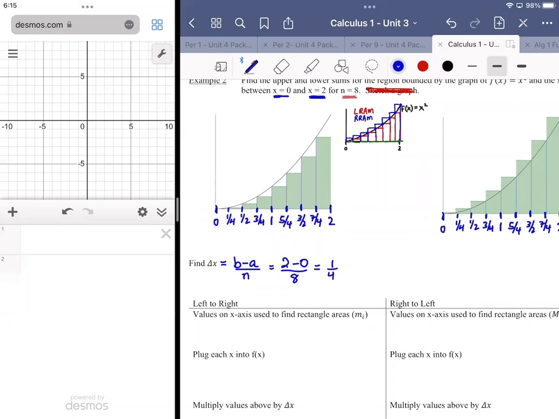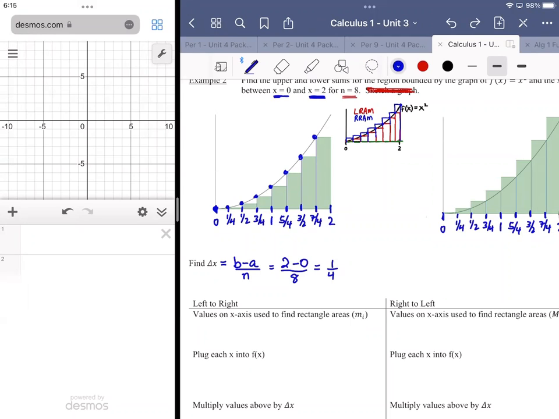That point would have to be the upper left-hand corner of the rectangle. So I would have this point here, this one here, and so on, basically everything except for that 2 at the end. The 2 does not go up and connect with the curve, so we would ignore that last one.